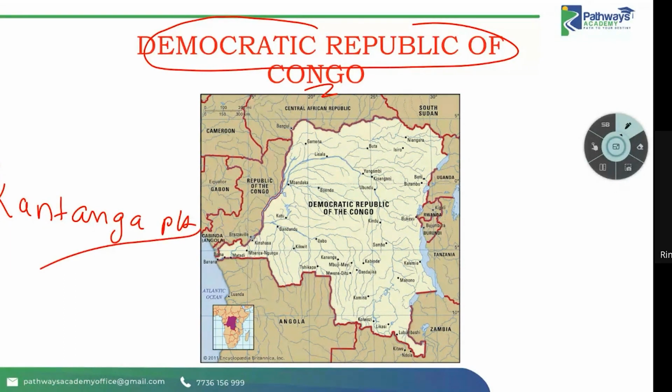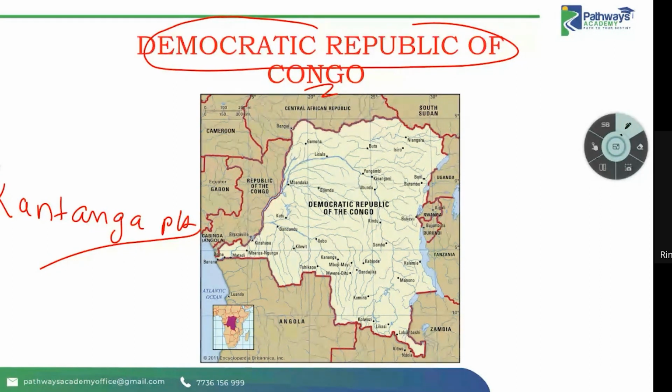Like our Chota Nagpur Plateau, the Katanga Plateau is very important for Africans because most resources like cobalt, copper, zinc are produced from this region. Katanga is famous for minerals like cobalt, copper, zinc, etc.